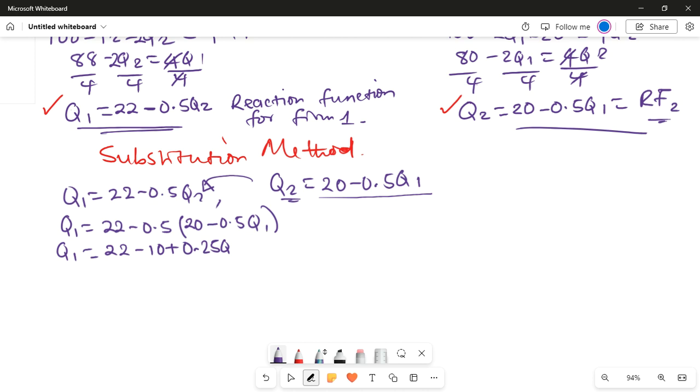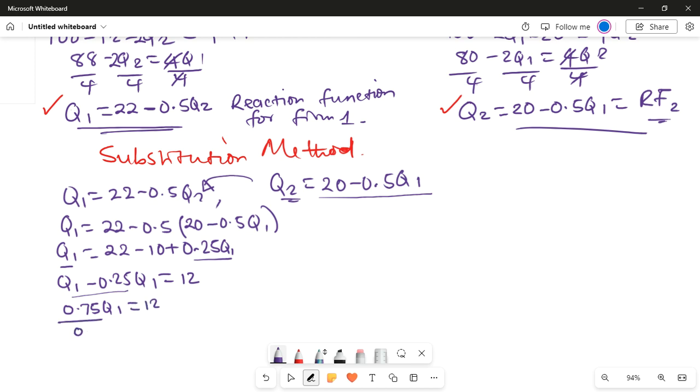Then from here we're just going to collect the like terms together. So this term with Q1 should join this one with Q1. So Q1 minus 0.25 Q1 is equal to 22 minus 10, so 22 minus 10 is 12. So Q1 minus 0.25 Q1, we are going to have 0.75 Q1, which is equal to 12, right?